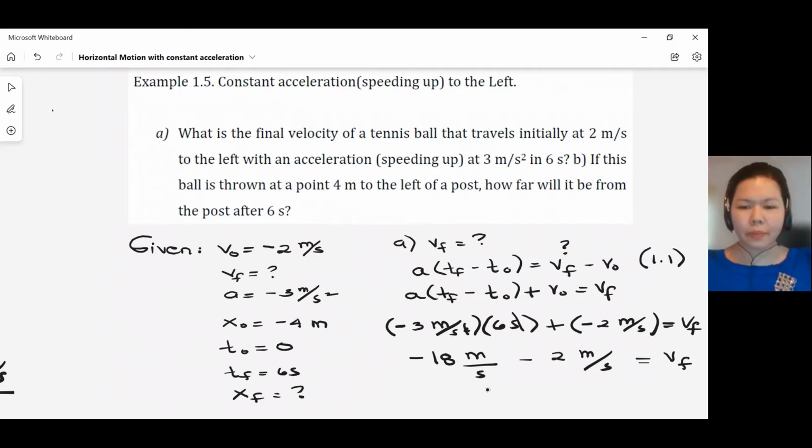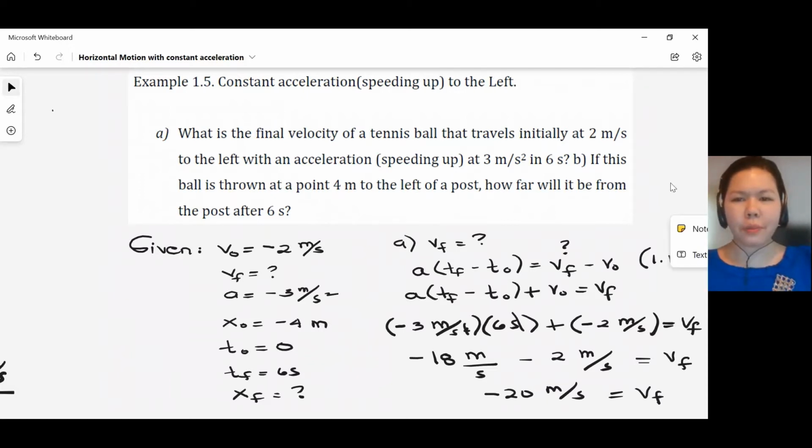This is negative 20 meters per second as the final velocity of the tennis ball. So negative because the object is moving to the left and it is greater than the initial velocity. It was 2 and now it is 20 meters per second to the left.